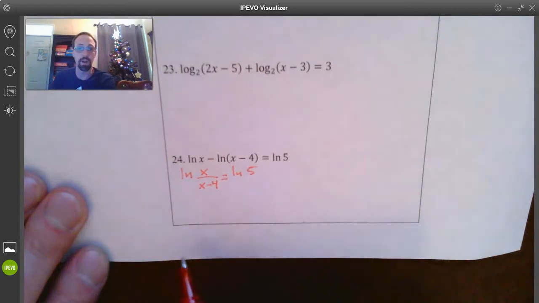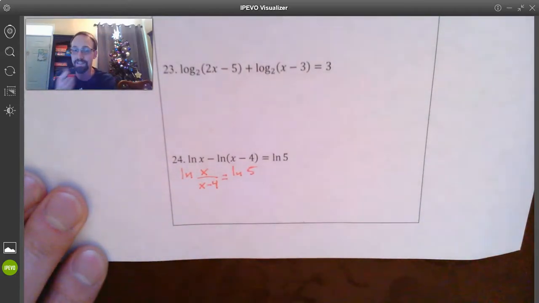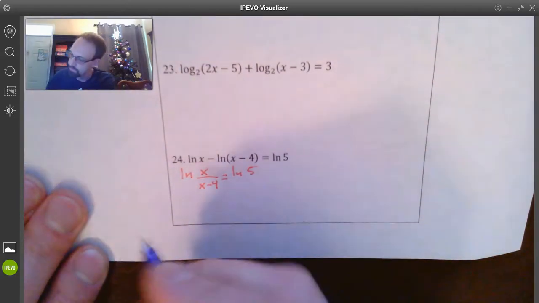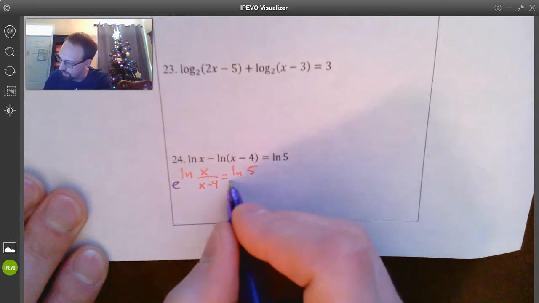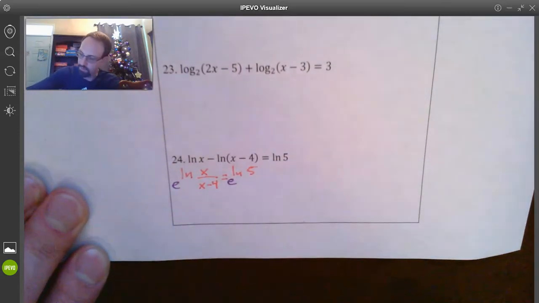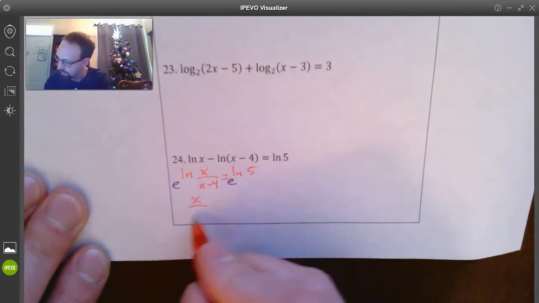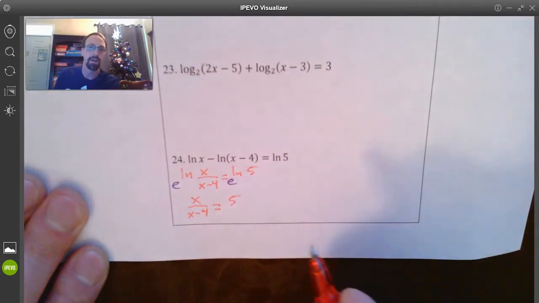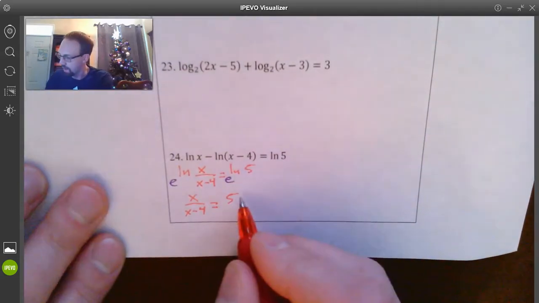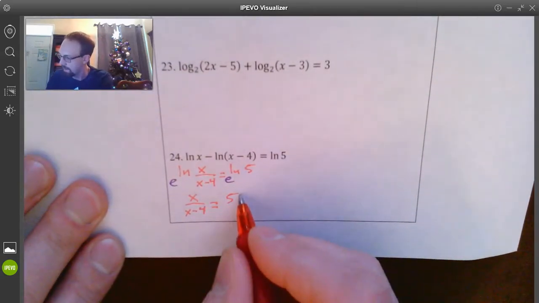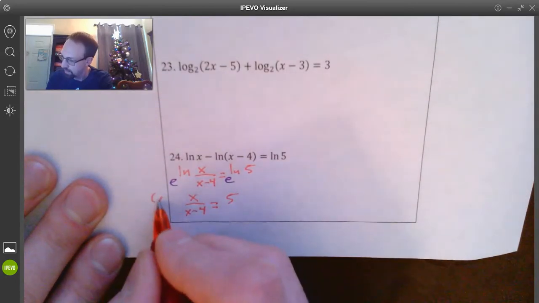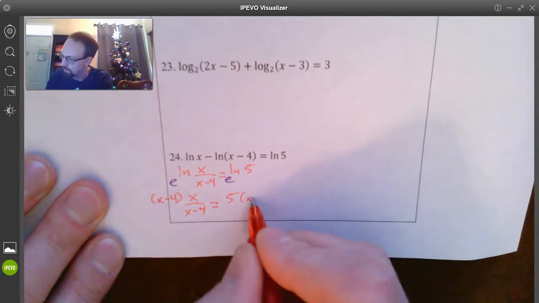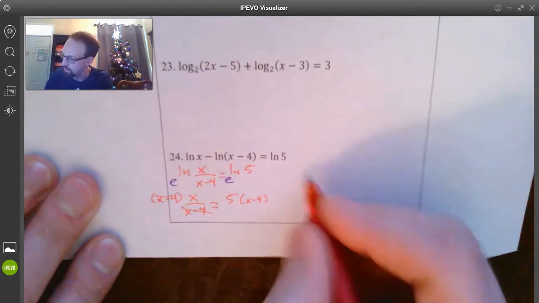So at this point I have a natural log on both sides. I'm going to raise e to both sides. E to the natural log, e to the natural log. So now I just have x over x minus 4 equals 5. So now I can multiply both sides by x minus 4. So x minus 4 and x minus 4 simplifies to 1.